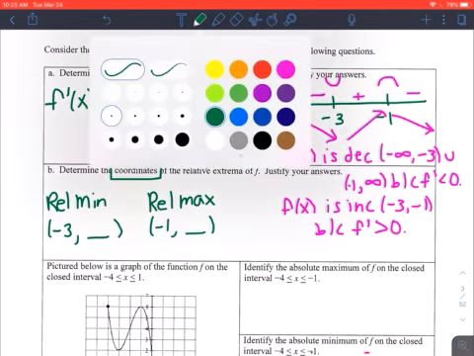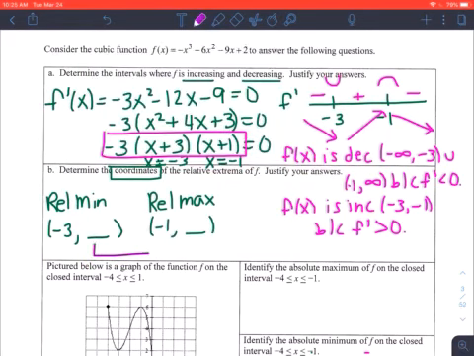And remember, to find our somethings, we are going to plug our x's into the original. Great time to use the calculator to change your table set independent to ask instead of auto, and then you can just type these values straight in. So when I plug in negative 3, I get 2, and when I plug in negative 1, I get 6.